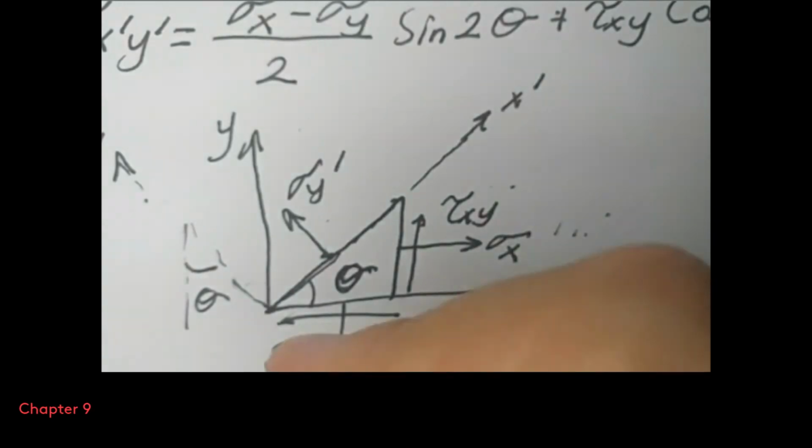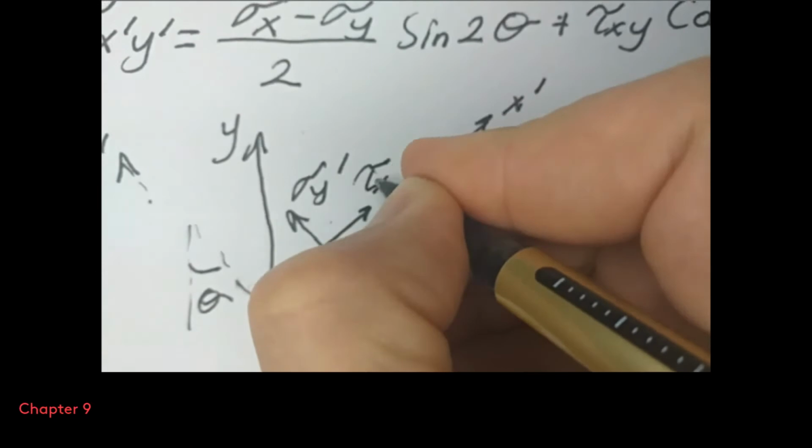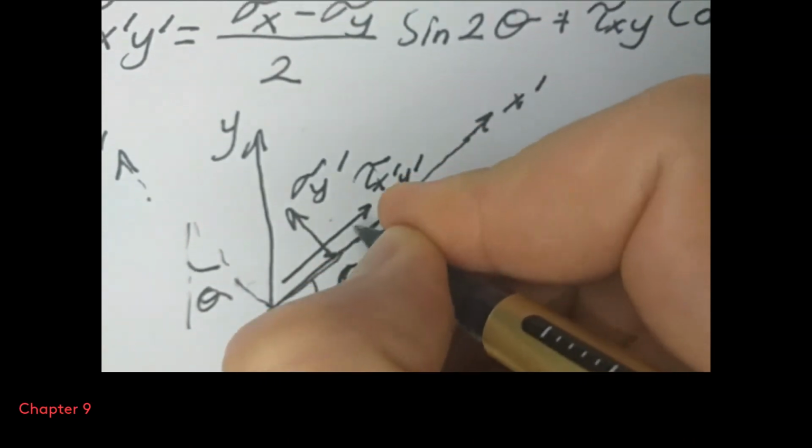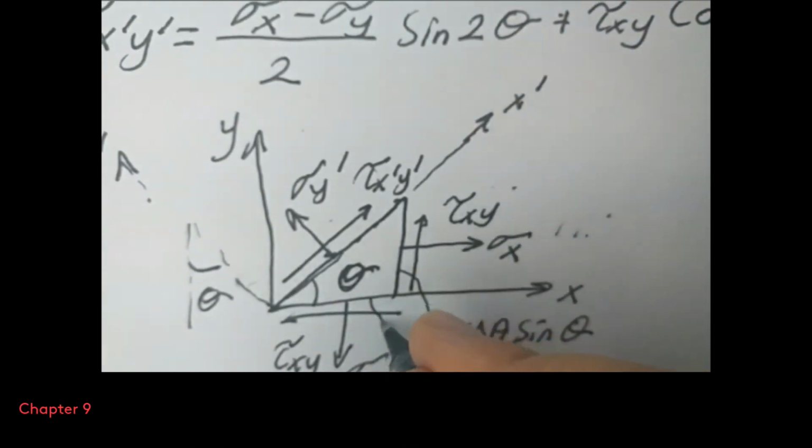And tau x prime y prime is in this direction. So this area is now delta A sine theta, and this is delta A cosine theta.